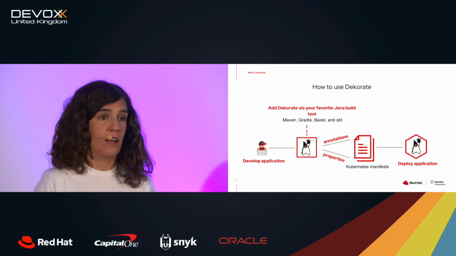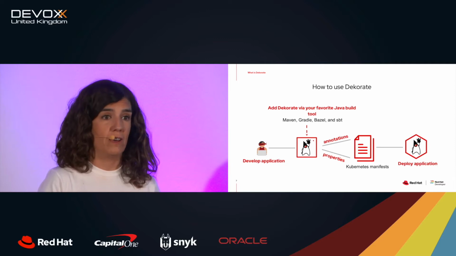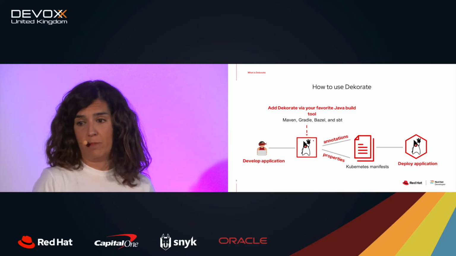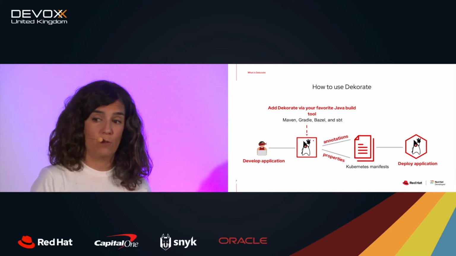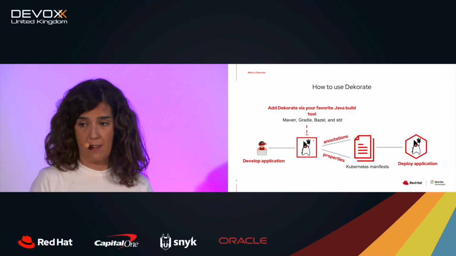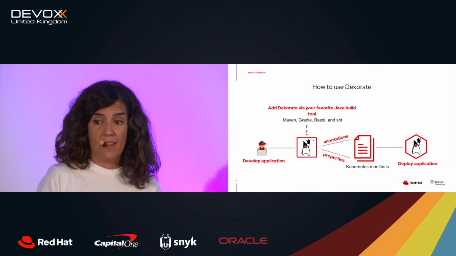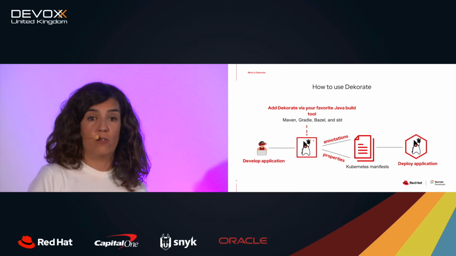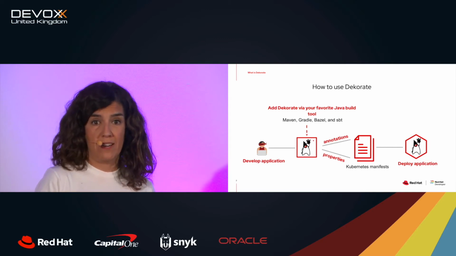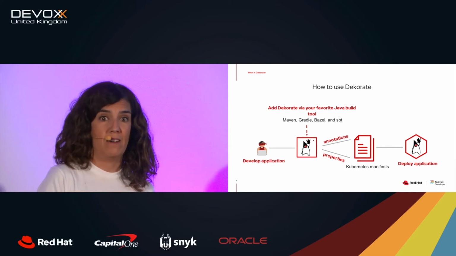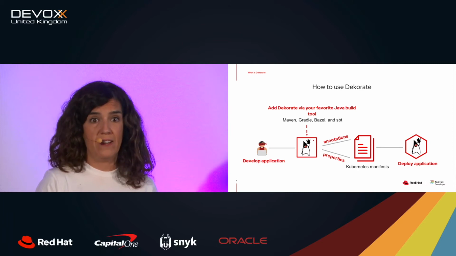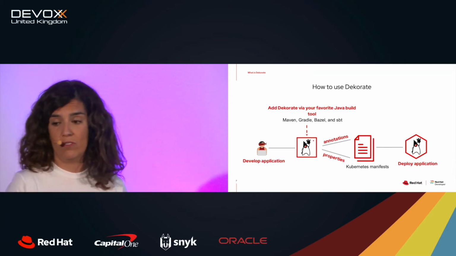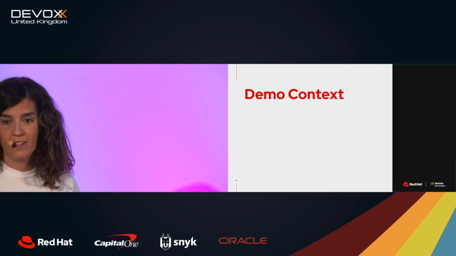Then we can stay with the default values that Dekorate provides. But if we need some customization, we can do it using the annotations and the properties. Then we will need to build and push the container image to a public registry in order to make it available for the cluster. And finally, we can apply this manifest to the target cluster to deploy our application.